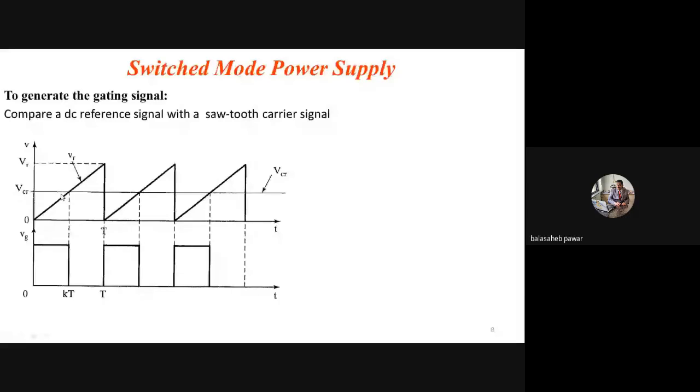Are you getting it? That is the difference between the shown sawtooth carrier and our previously considered triangular waveform. Now, suppose we have to shift that triangular wave above the x-axis. See, that triangular wave is symmetrical about the x-axis. That means it contains positive as well as negative half cycles.